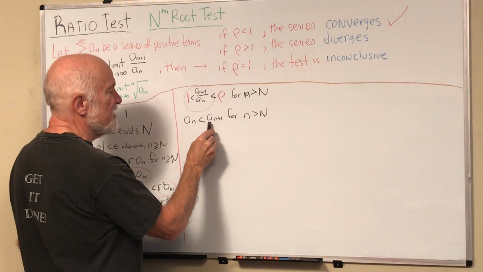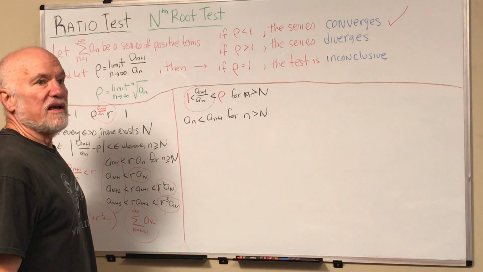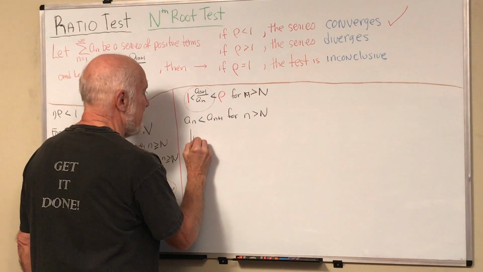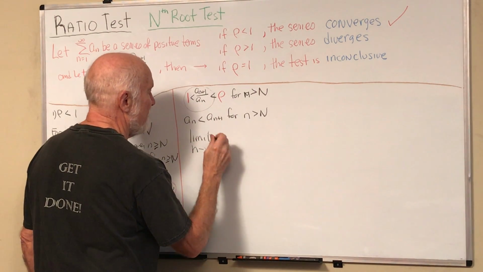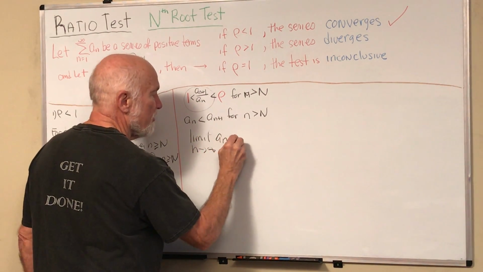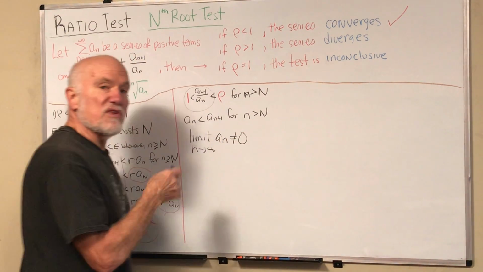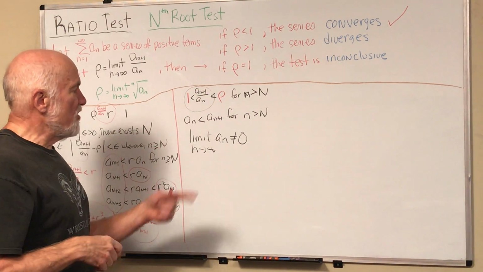In this series, the terms keep getting bigger and bigger. Well, if the terms keep getting bigger and bigger, could the limit as n approaches infinity of A sub n equal 0? There's no way. If the terms keep getting bigger and they're positive, they can never go to 0.